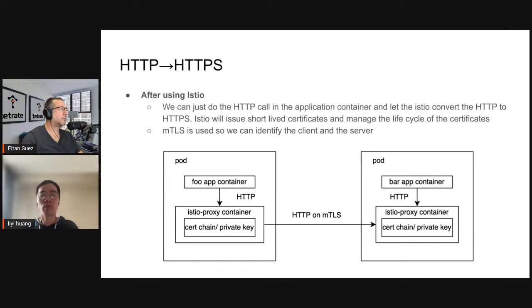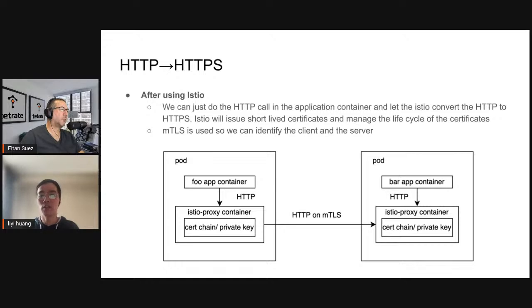So if we look at the traffic flow again, when foo starts to call the bar, from foo's application container, they just do an HTTP call, and the Istio proxy is going to hijack the traffic and convert that to be an HTTPS call. And by the way, this is going to be a mutual TLS call, which I'm going to talk about a little bit later.